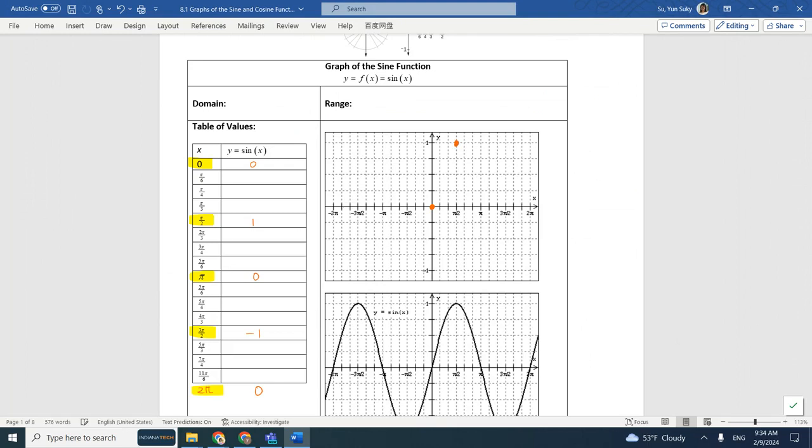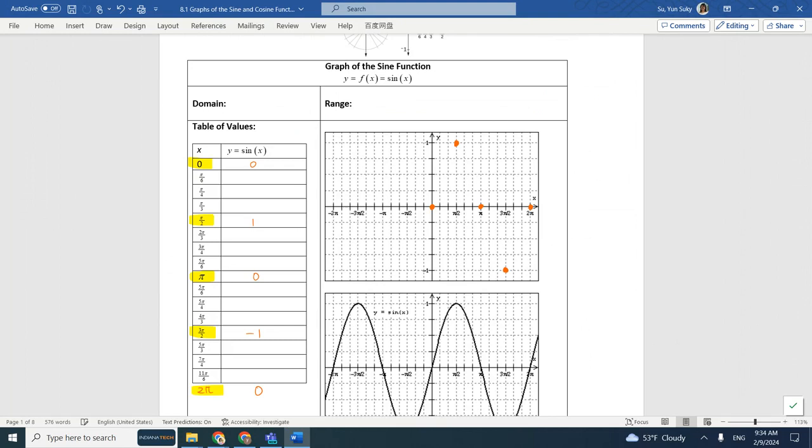Can you see from the picture? Pi over 2, 1. Next one, pi, 0. Next one, 3 pi over 2, -1. And then 2 pi and 0. Everybody see those 5 key points?